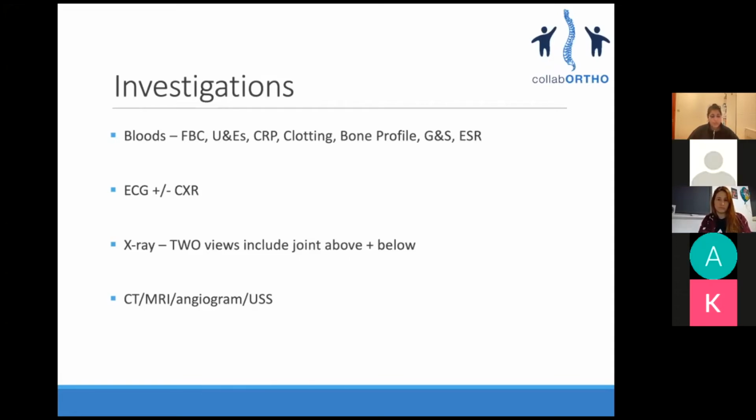With x-rays, we need 2 views: an AP view, which is anterior posterior, and a lateral view of the affected limb. Ideally, you'd like to include the joint above and below, but sometimes that's not feasible, so you can request that as a separate x-ray. Depending on how bad the injury is and what kind of trauma it is, you may want further investigations like a CT or an angiogram.